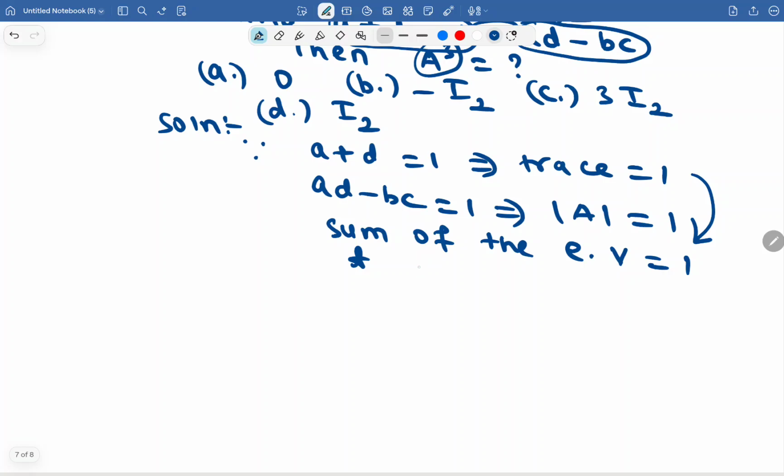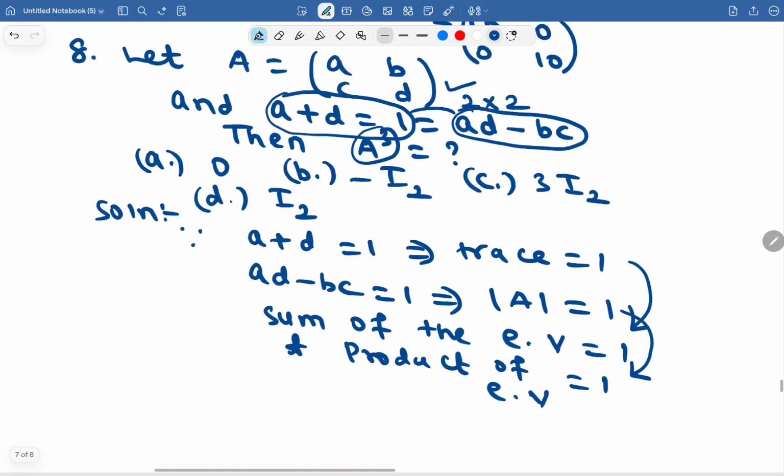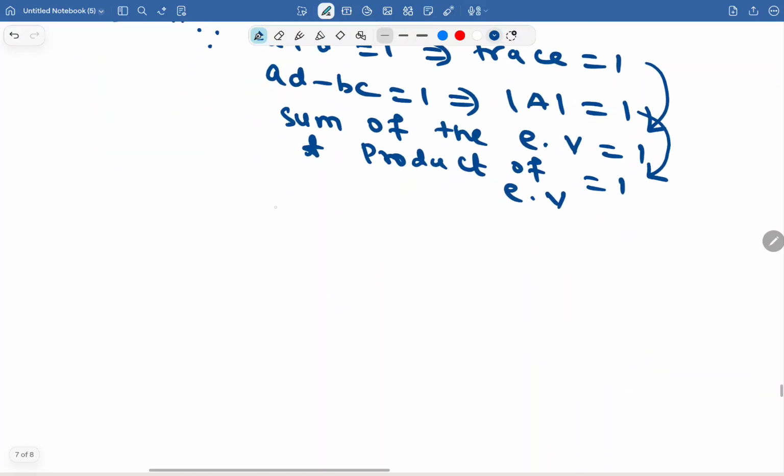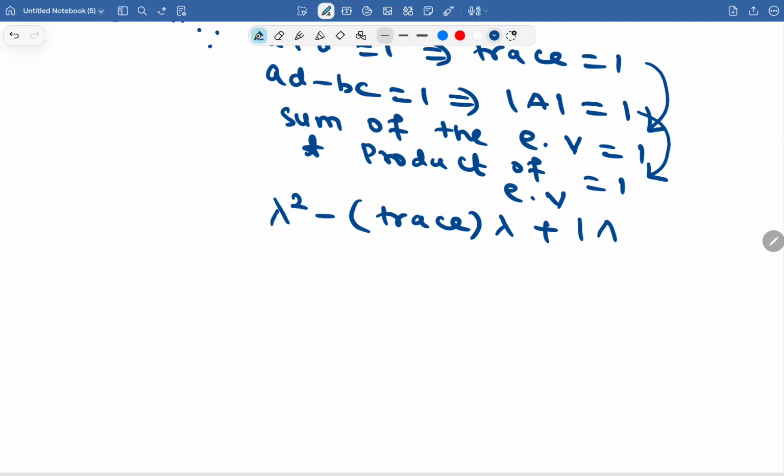and determinant A equal to 1 means product of eigenvalues equal to 1. For this A, which is a 2 cross 2 matrix, the characteristic polynomial is lambda square minus trace into lambda plus determinant of A, which is equal to 0, lambda square minus lambda plus 1 equal to 0.